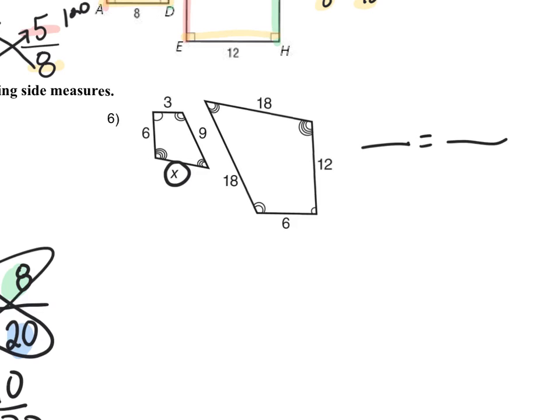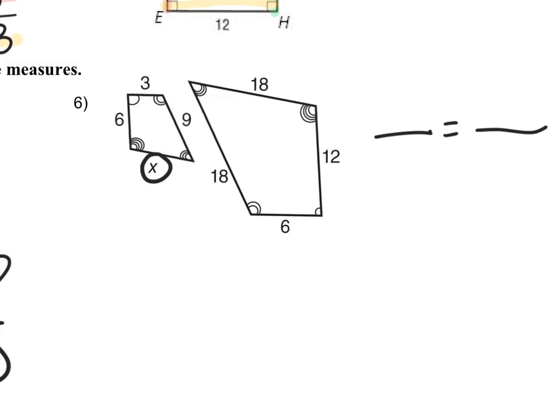I'm going to have to do my angles by colors again. So 1 to 2, 1 to 2, 2 to 3, 2 to 3, 3 to 4, and then 4 to 1, 4 to 1.